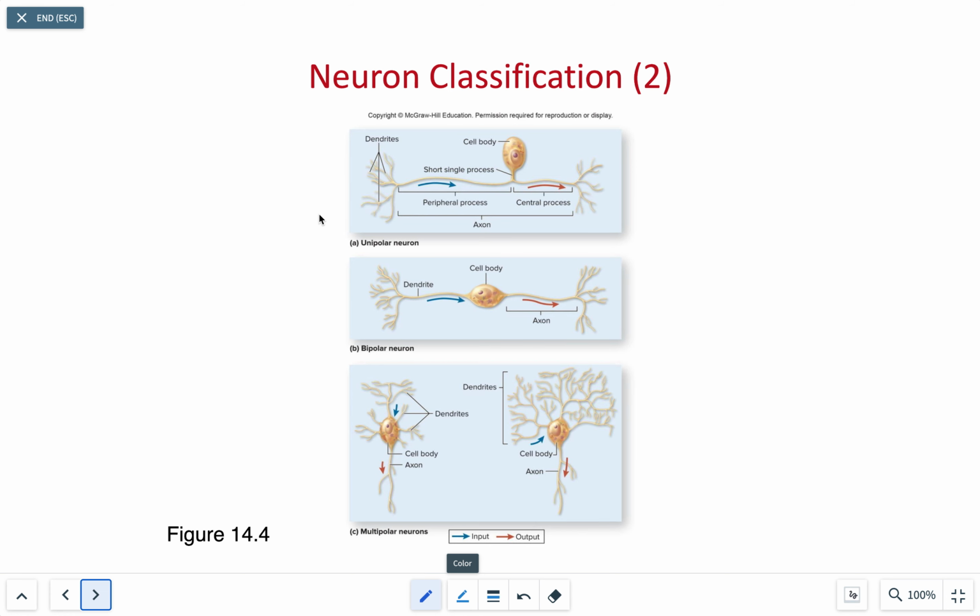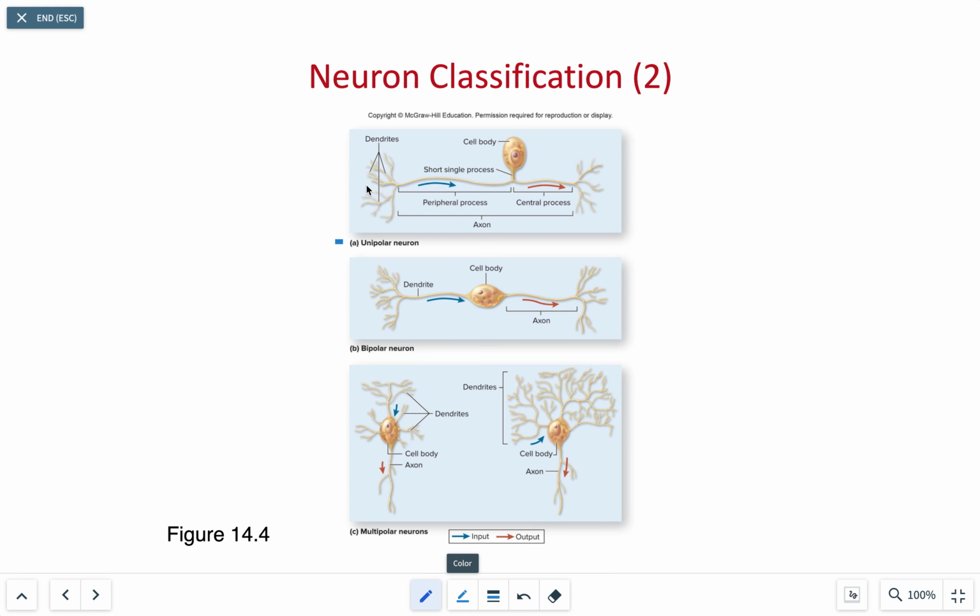When we're looking at neuron classifications, we see it occurring in 3 different classifications. The first one is going to be the unipolar classification, or unipolar neuron. Most sensory neurons in the peripheral nervous system are unipolar neurons.